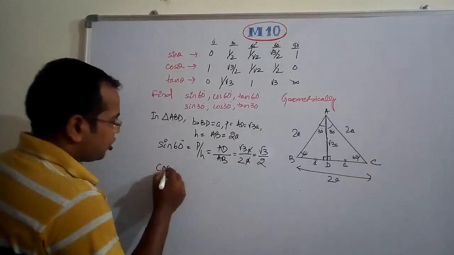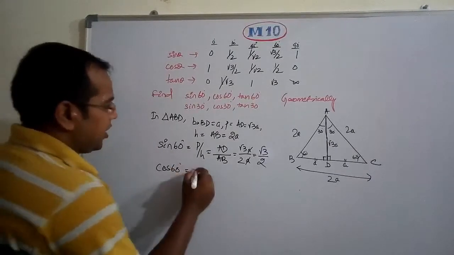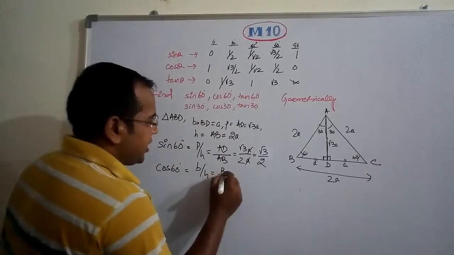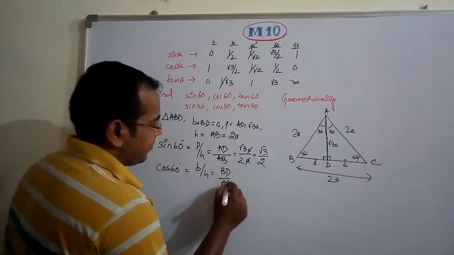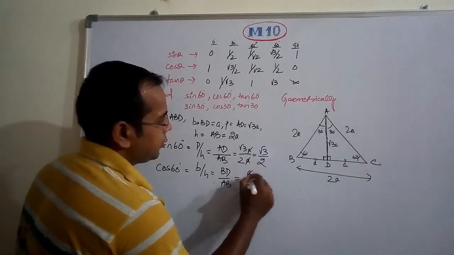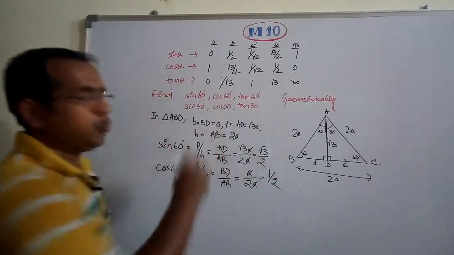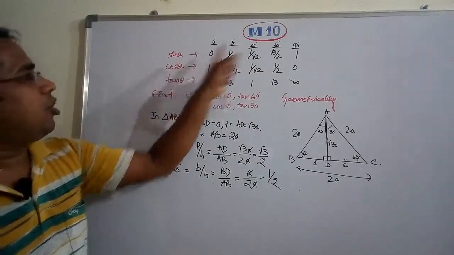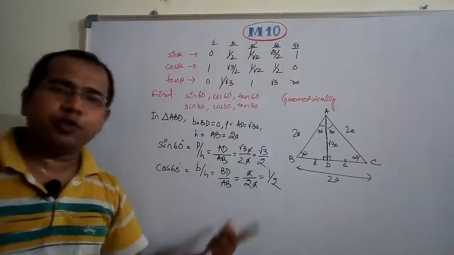Find cos 60 degrees. Cos 60 is B by H. It is BD divided by AB, that is equal to A divided by 2A. What are you getting? 1 by 2. Now see here, cos 60 is 1 by 2. It is proved.